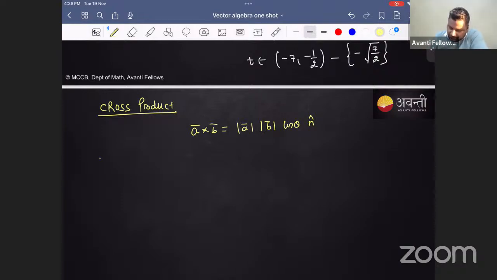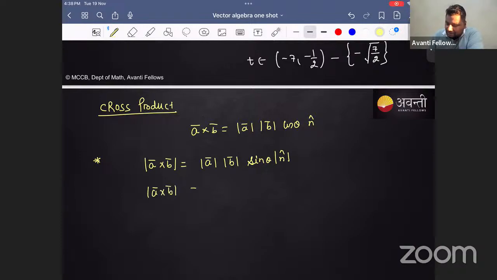So I'll give you some insight on a few things only. See, a point. A cross B is magnitude A, magnitude B, sine theta into n cap. Since n cap is a unit vector, its magnitude is 1. So magnitude of A cross B is magnitude A, magnitude B, sine theta.